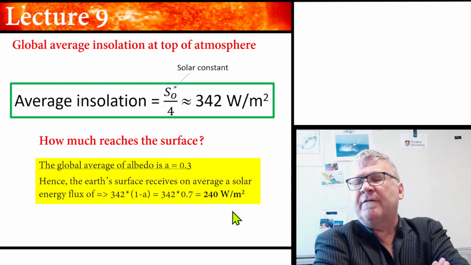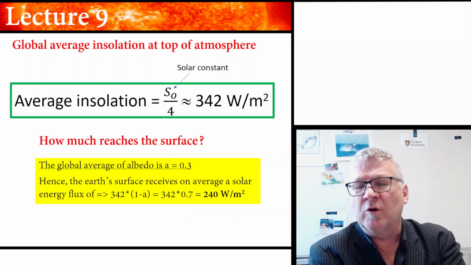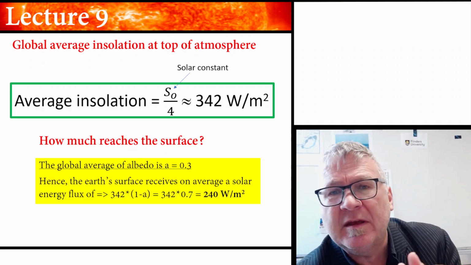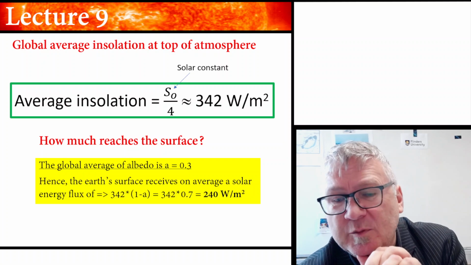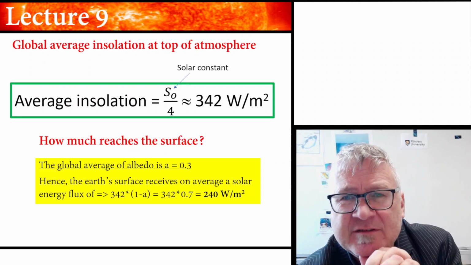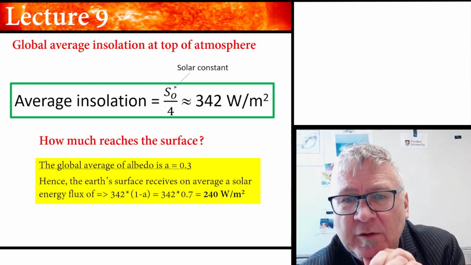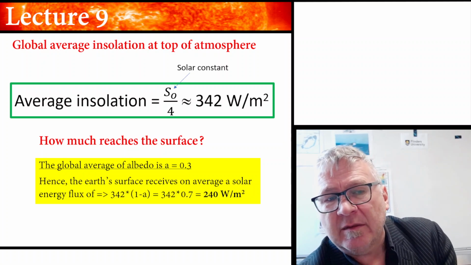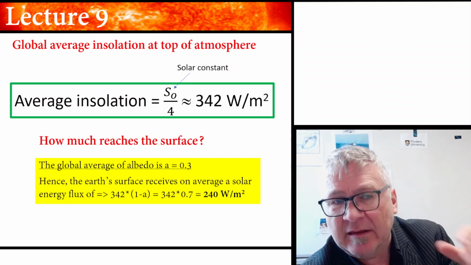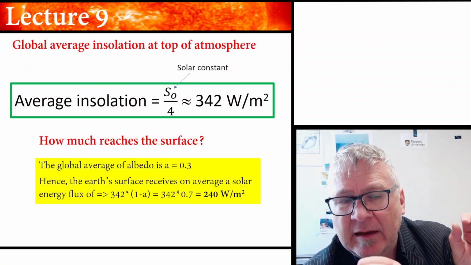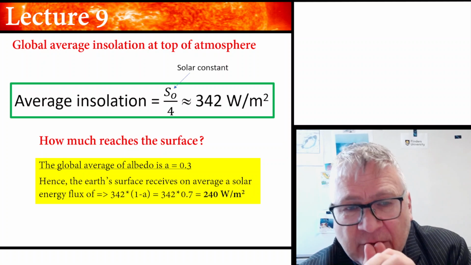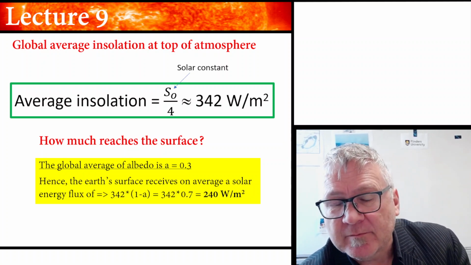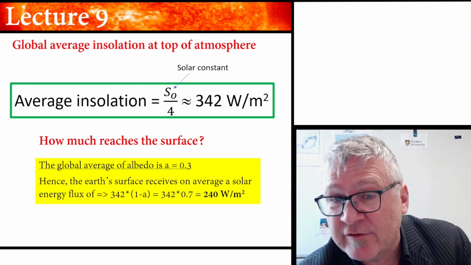So how much is that, 240 watts per square meter? You can just imagine one square meter, and you put some light bulbs on there. If you have 60 watt light bulbs, you just take 4 of them. So each square meter of solar radiation could power four 60 watt light bulbs on average.